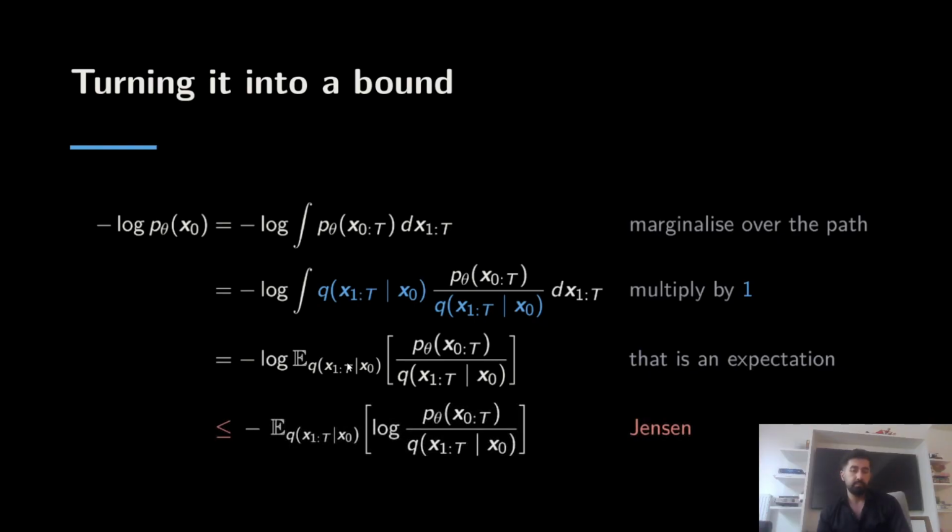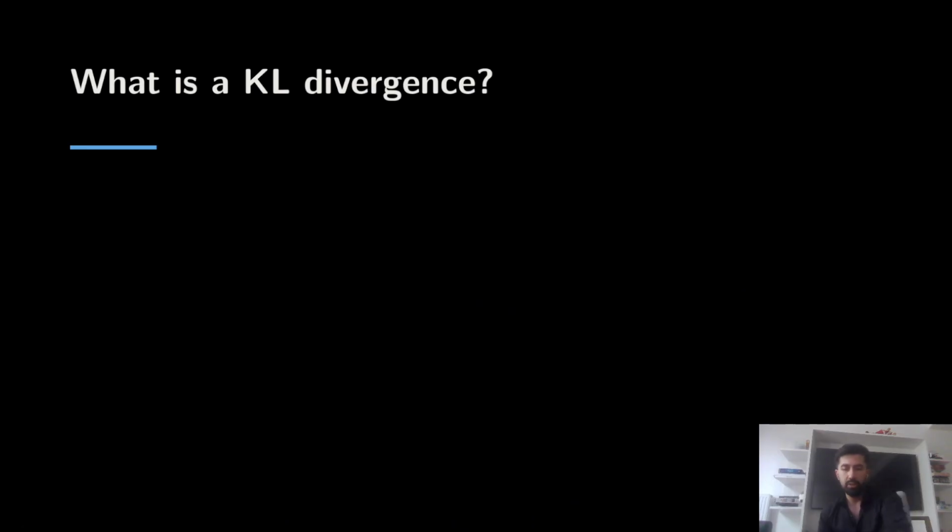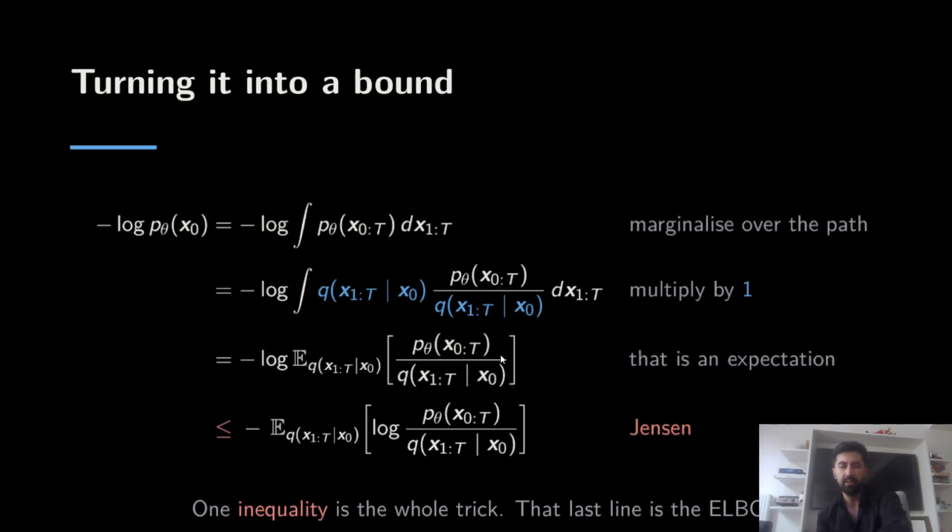And using Jensen's inequality, this is less than or equal to when we inject the log inside the equation. So it becomes less than or equal to the expectation under q of log p theta over q. In the paper, they continue from here, and they reach the ELBO expression which we had in the previous video.